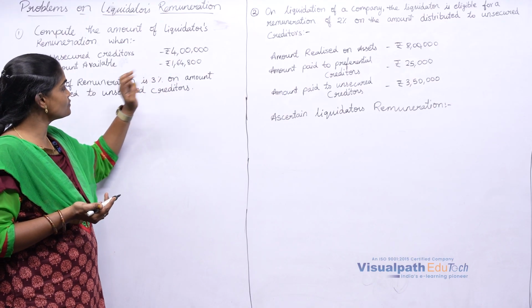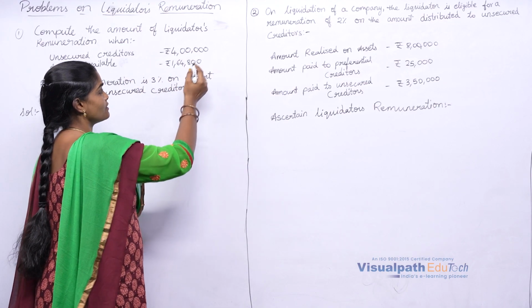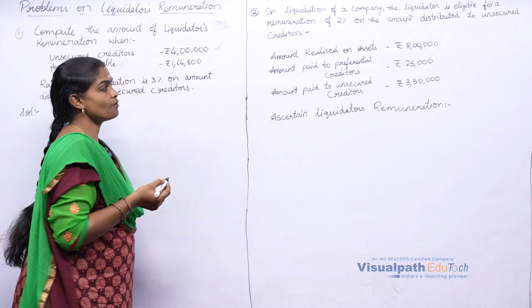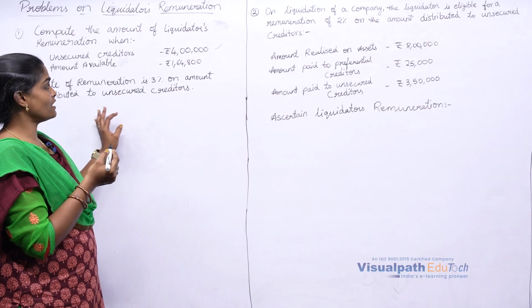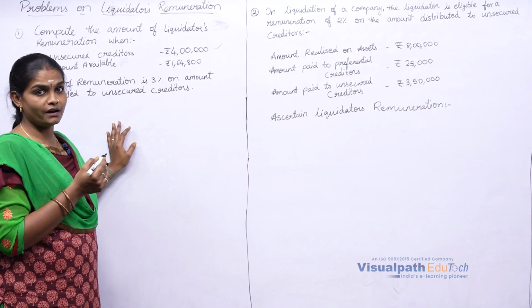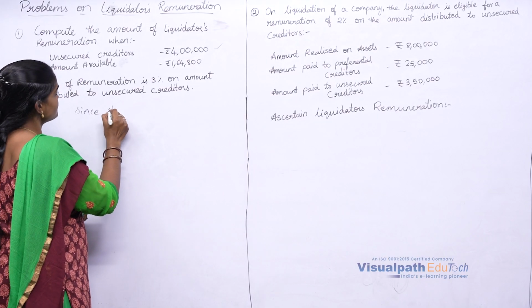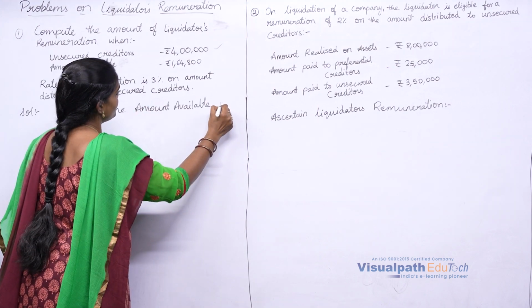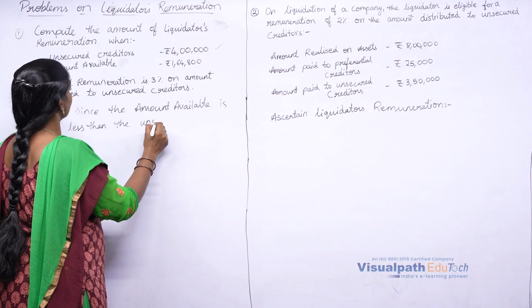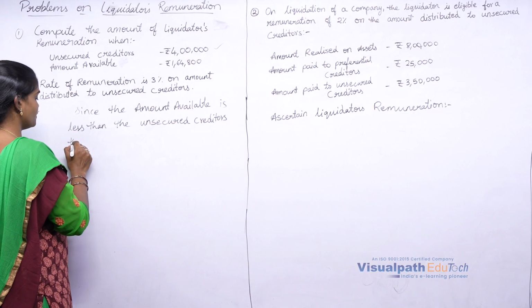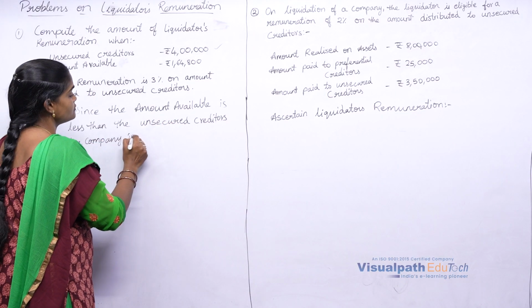Here we won't be able to pay the 4 lakhs to creditors, right? So this is a situation where the company is insolvent, since the amount available is less than the unsecured creditors.